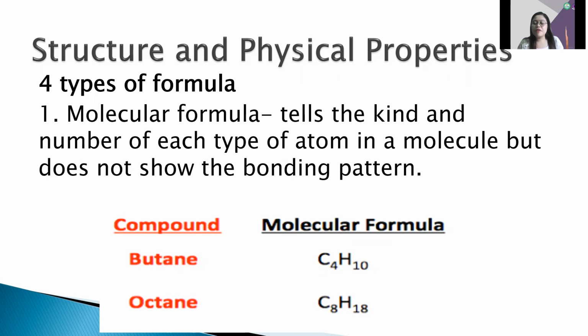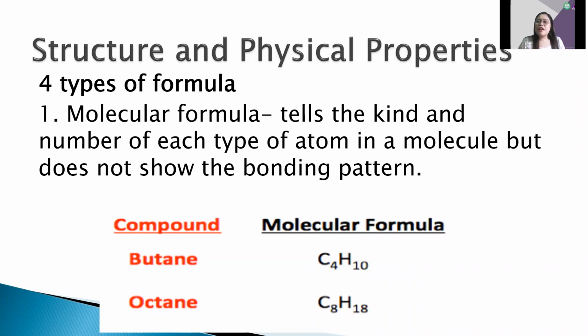For example, NaCl is the molecular formula of sodium chloride. It shows that it has sodium and chlorine. And then we also have the empirical formula, in inorganic chemistry. Empirical formulas are the simplified formulas. If we can simplify or reduce it, then we do that, and we call that the empirical formula.